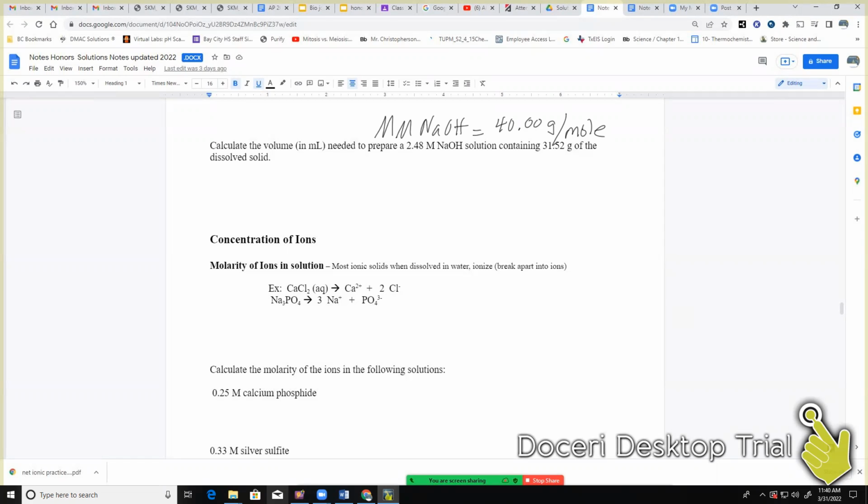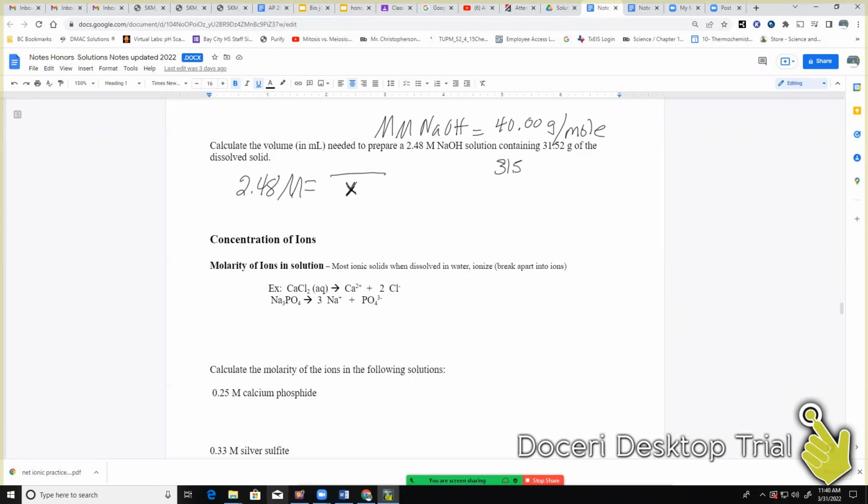All right, so let's work through this one. So my molarity is my 2.48 molar. And what else did I know? I'm trying to find my amount of solution. So now my X is on the bottom. And I need my moles of my solute. So I need to do that first.